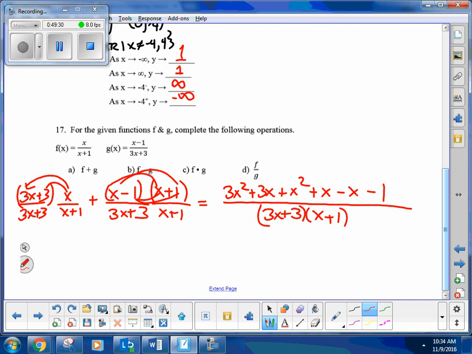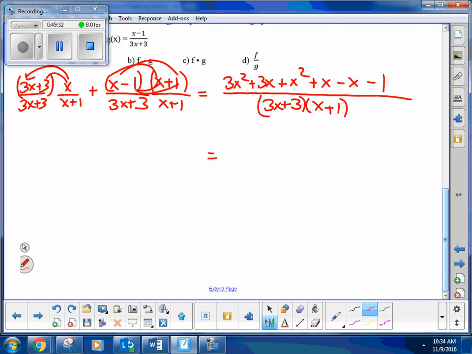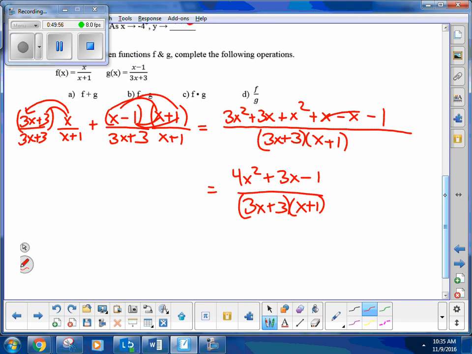Okay, now the last step on this, let's go ahead and just discover what we have. We have 2x squareds that I have in common, so in this case we're going to get 4x squared. I have a couple of x's here. These x's cancel, so we're left with 3x minus 1. So that will be my solution here with adding.